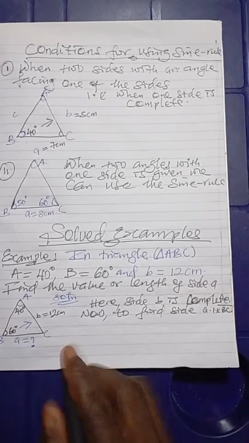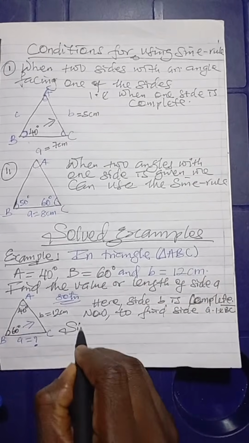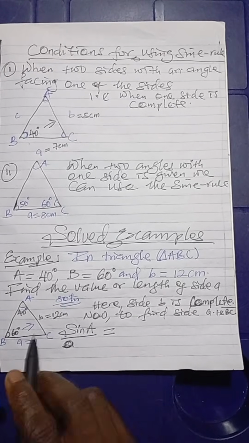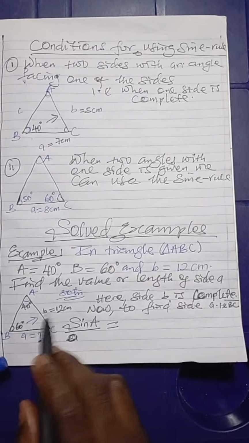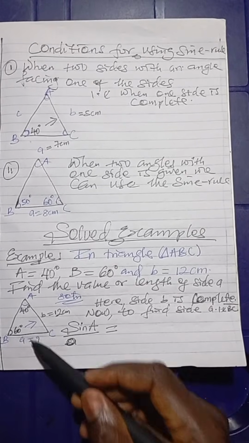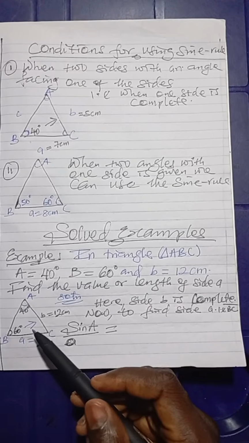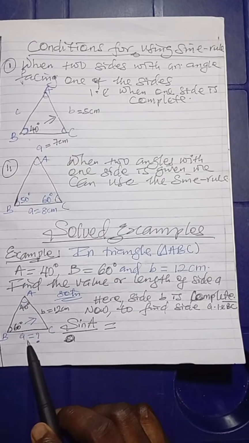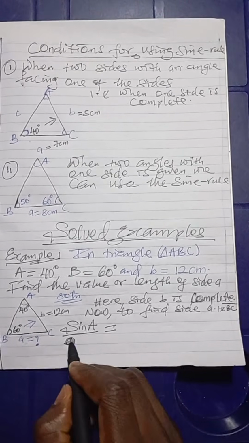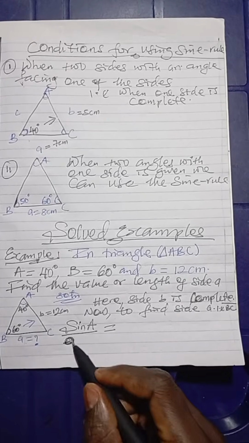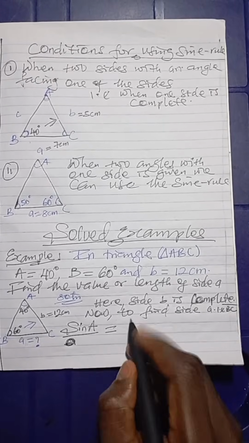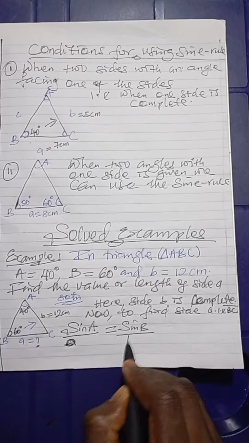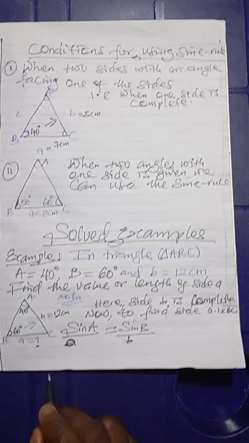See what you're going to do. Sine A over small a is equal to, you now equate it to that side that is complete. Please don't go and equate it to C. So you must equate it to sine big B over small b. So I will have sine A over small a is equal to sine B over small b.